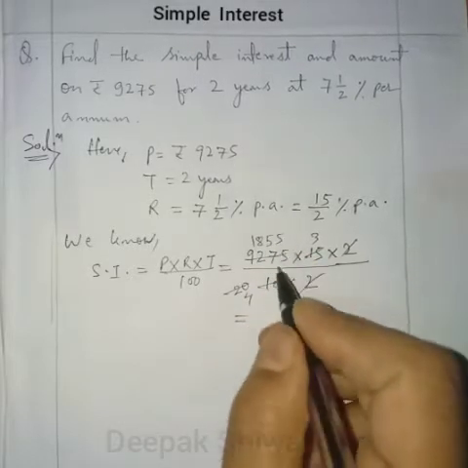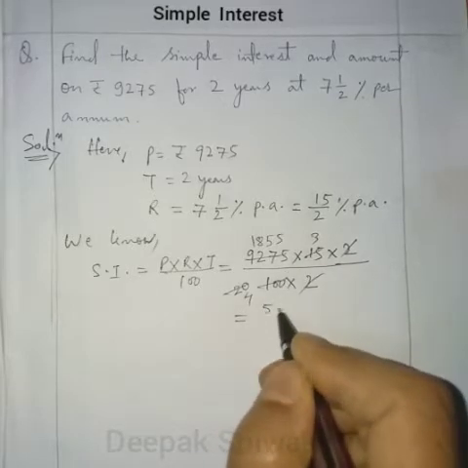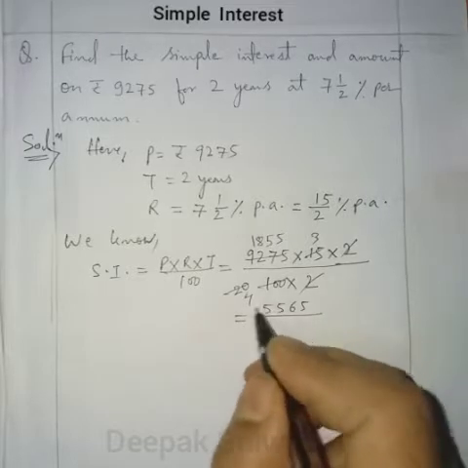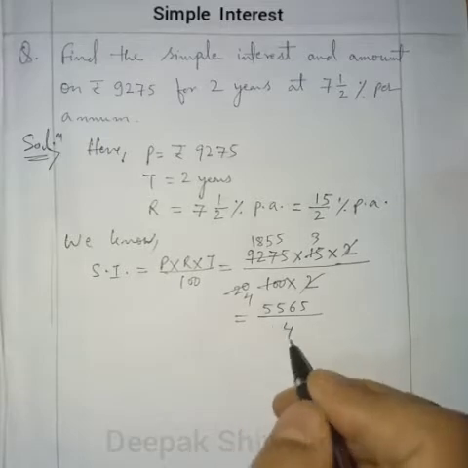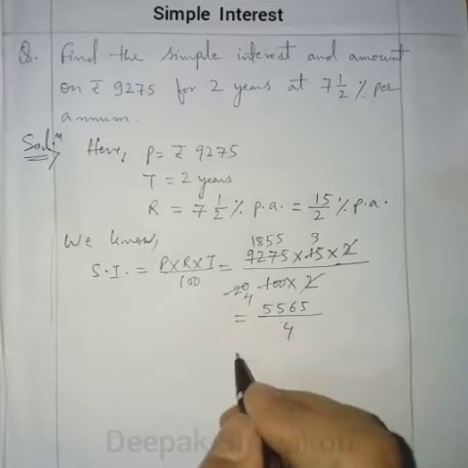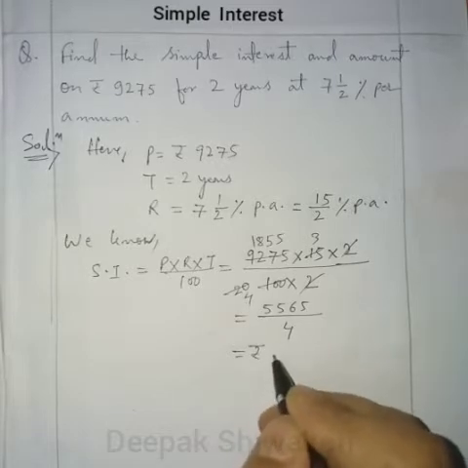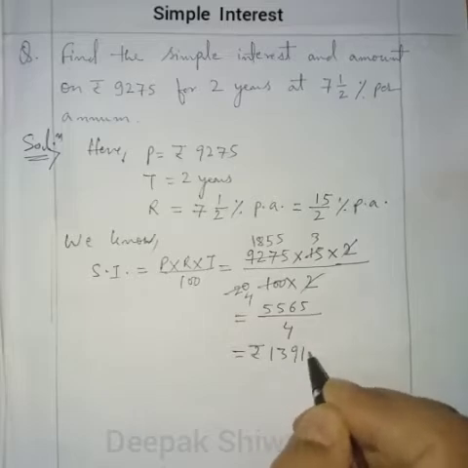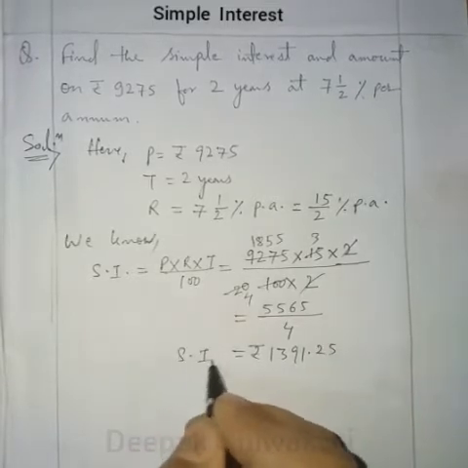When you multiply, you will get 5,565 in the numerator, check it, and in the denominator 4. Here we have to divide, and we'll get 1391 decimal 25. So this is the simple interest.